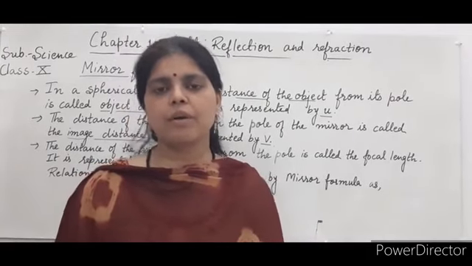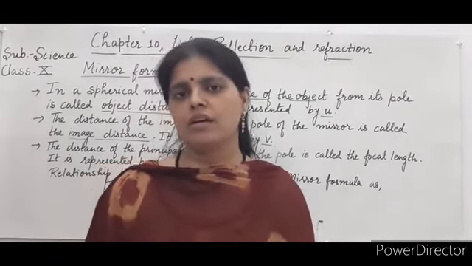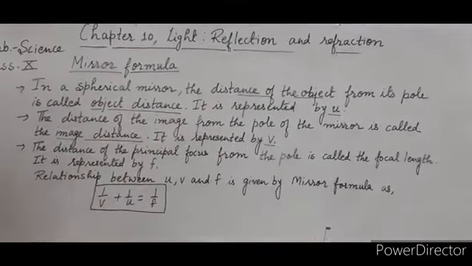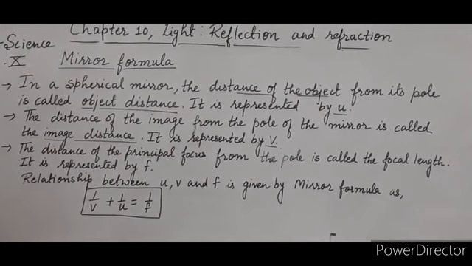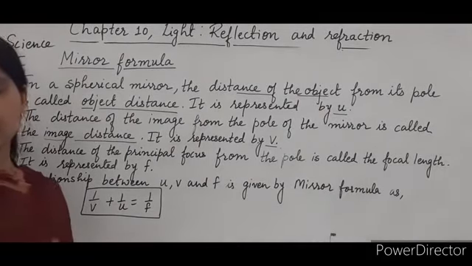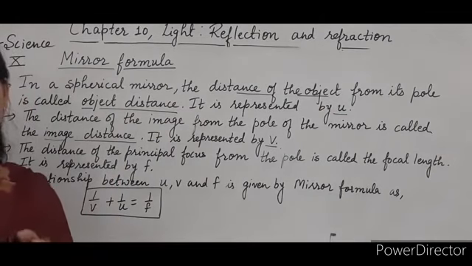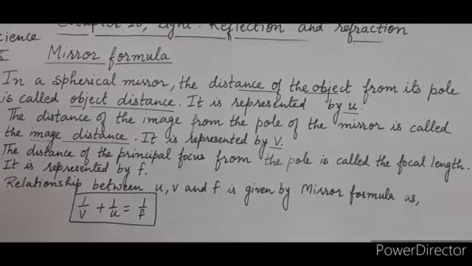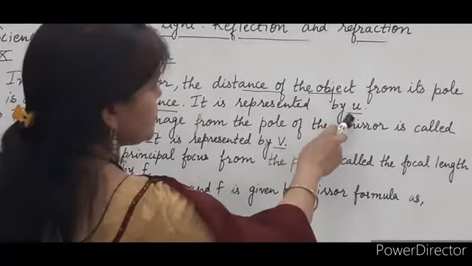Now we will study the mirror formula. In a spherical mirror, the distance of the object from the pole of the mirror is called the object distance, and it is represented by small u.